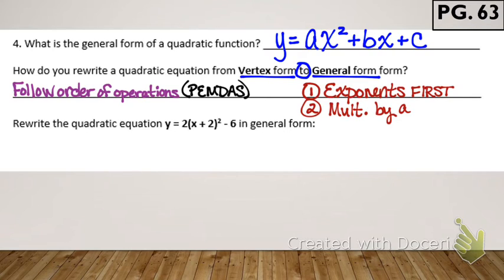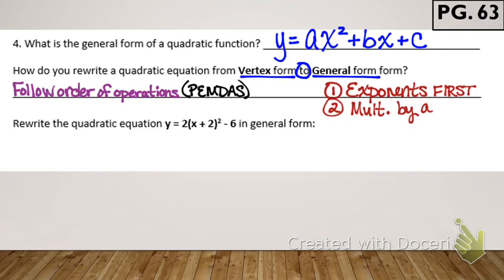Exponents come before multiplication, but multiplication comes before addition and subtraction. So exponents first, then we multiply by a, and last we will add k. So we're going to practice that. We'll get more practice with this tomorrow, but we're going to practice it through the first time right now.